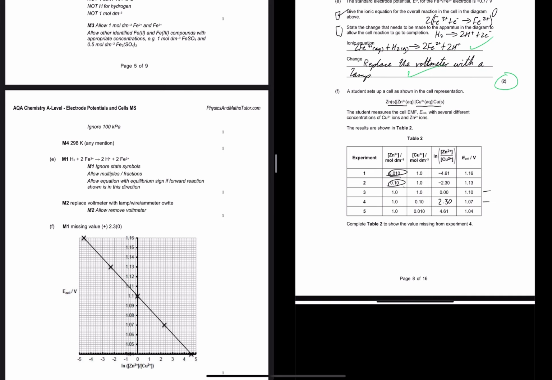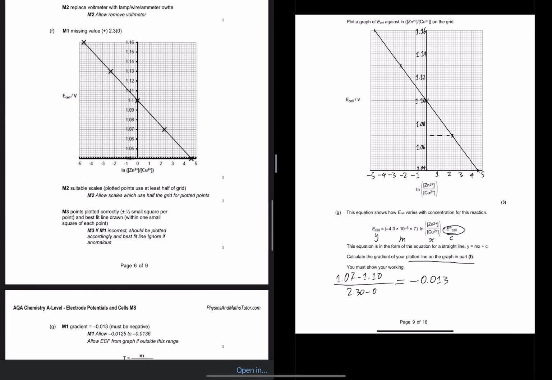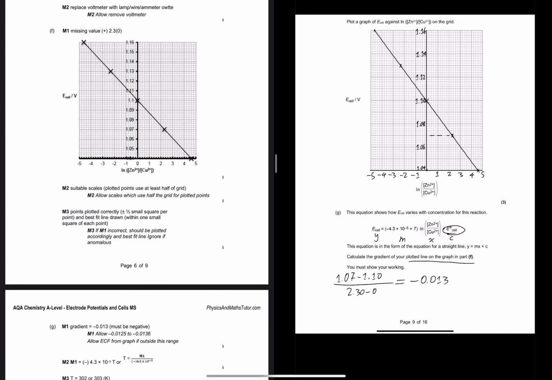2.3. I think that's pretty obvious. Now you get a mark for suitable scales. Yeah, I actually had the exact same ones, which makes sense because it's in the exact same proportion to give you 5 by 5 and then to get you to 1.16. M2 here, M3, points plotted correctly, half a square, yeah.